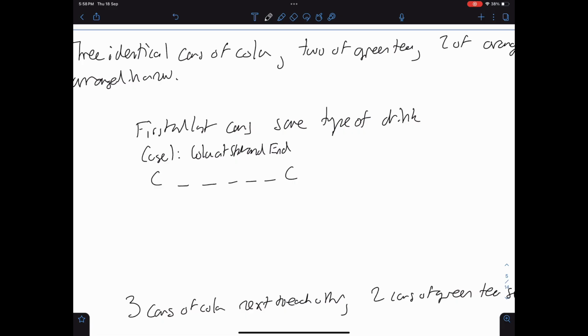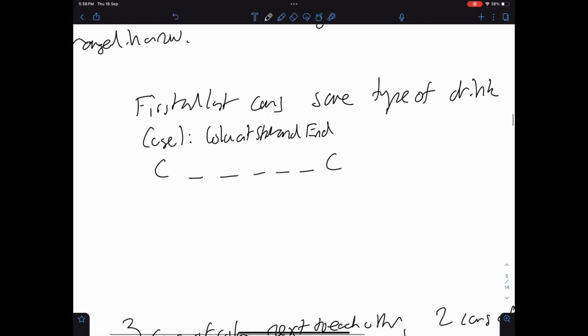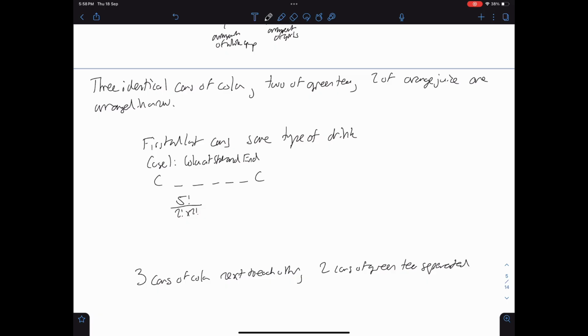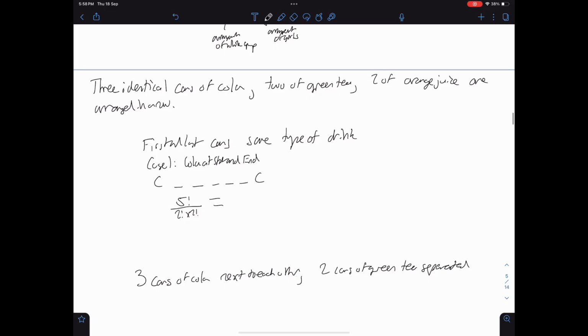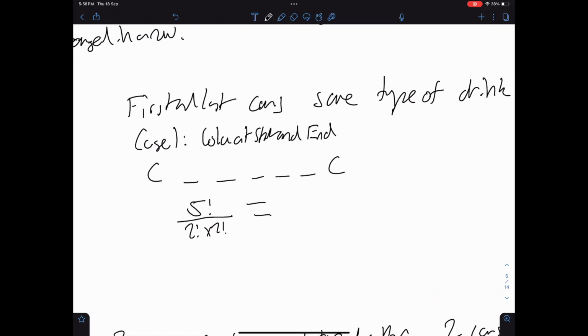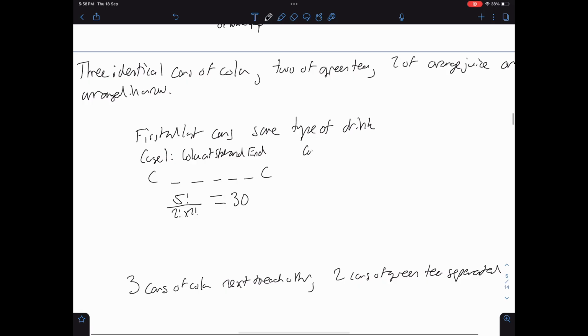They're identical, so we don't really need to worry about them. And in here, it'll be 5 factorial over 2 factorial times 2 factorial, because there are 2 green teas and 2 orange juices which are identical. So that is 30.